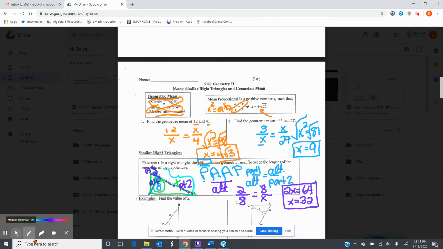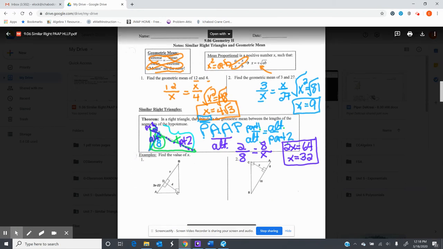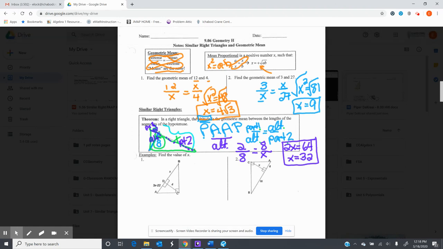So looking at examples 1 and 2. Now we could almost redraw all the triangles each time, but this PAAP rule is a pattern of form. So labeling the 3 pieces that they gave us here, we have part 1, and a part meaning part of the biggest hypotenuse you see.